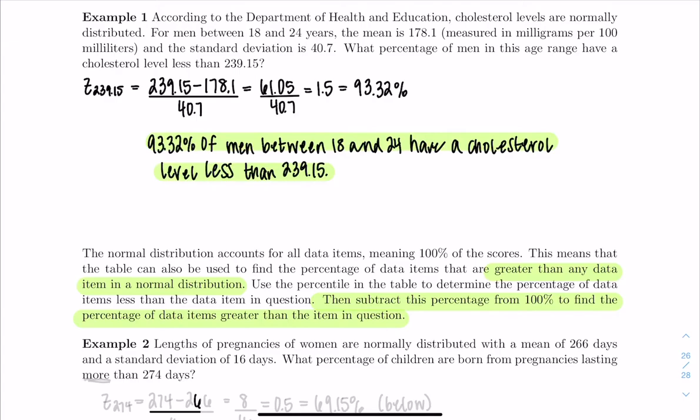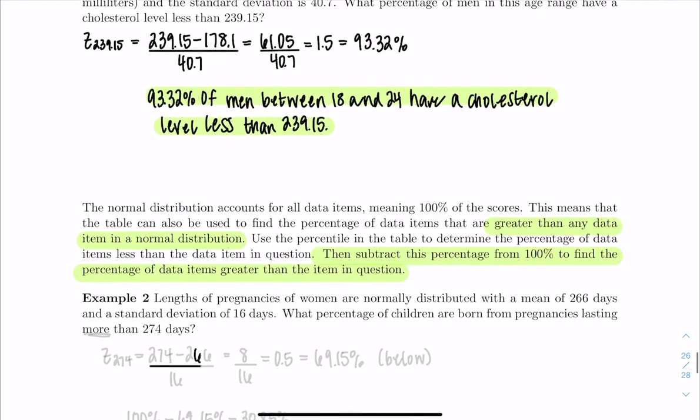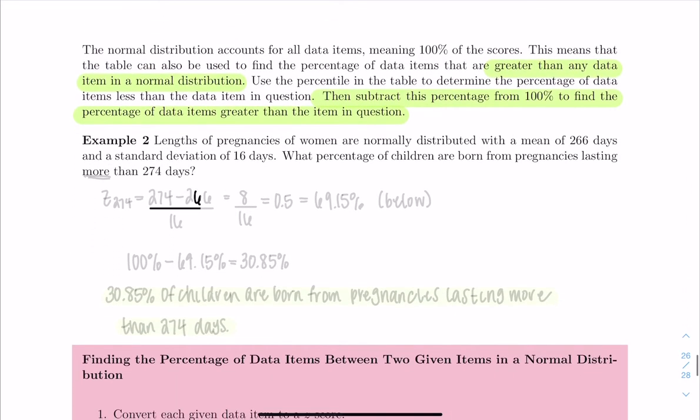So the lengths of pregnancies of women are normally distributed with a mean of 266 days and a standard deviation of 16 days. What percentage of children are born for pregnancies lasting more than 274 days? So the more than is important, but first we need to find the z-score of 274.